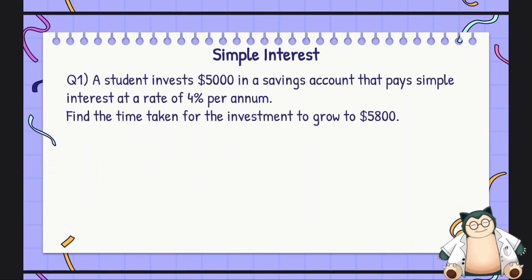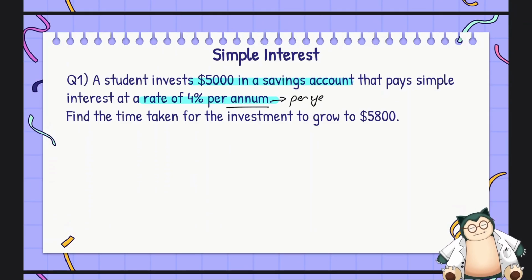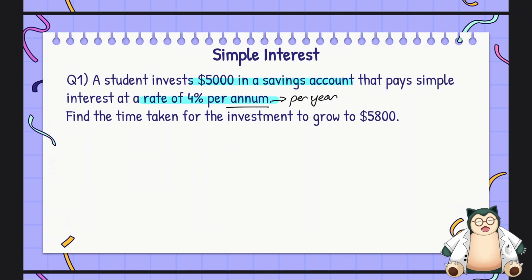A student invests $5,000 in a savings account that pays a simple interest rate of 4% per annum. Take note, per annum just means per year. Find the time taken for the amount to grow to $5,800. Let's think about it.